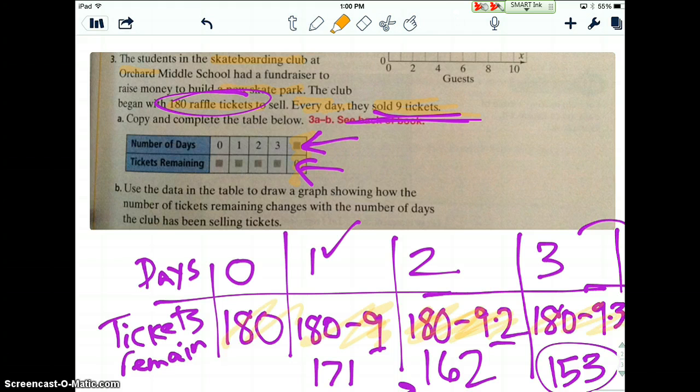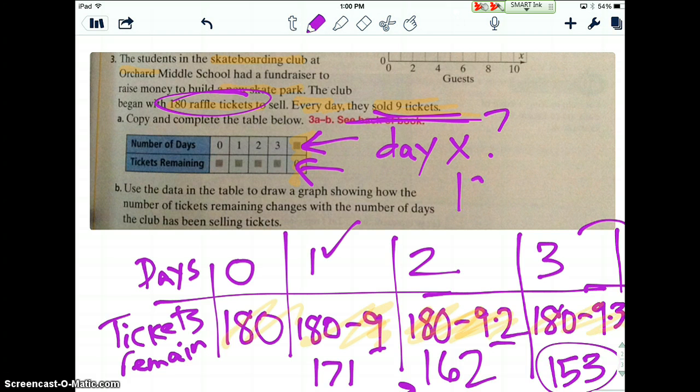So really, what is happening from day to day to day? Well, 9 is being subtracted each time. I'm going to make this into an algebraic expression. How many tickets remain on day x? On day x, how many tickets remain?